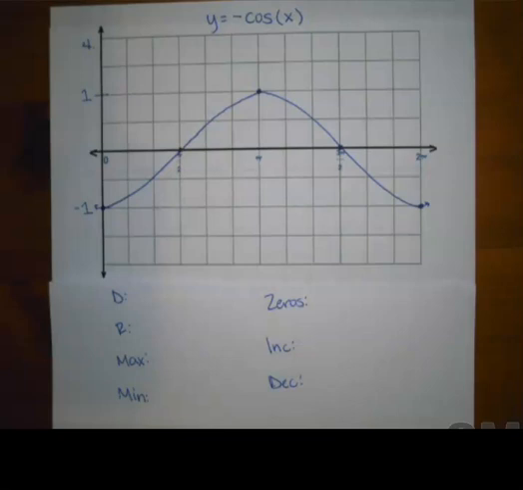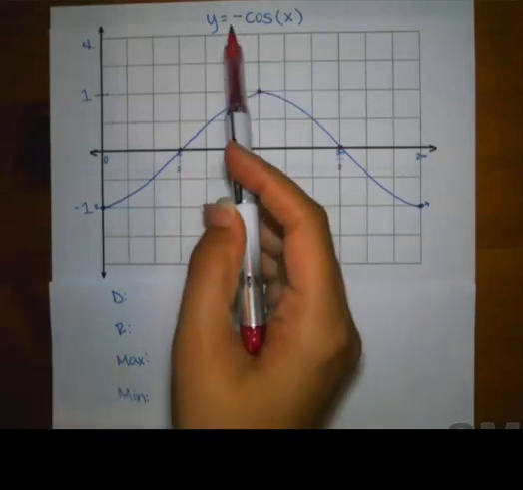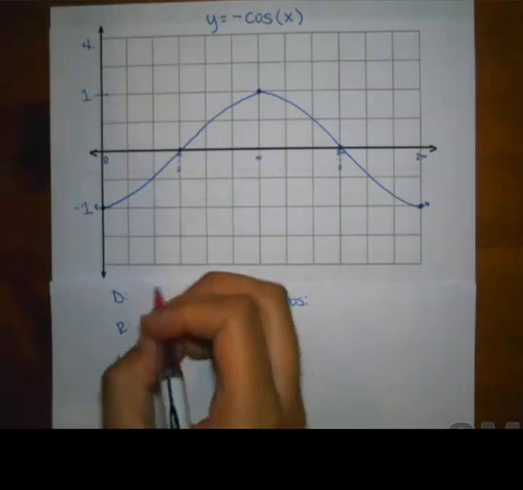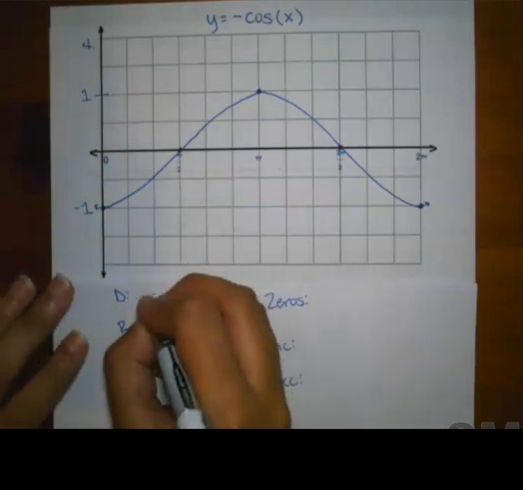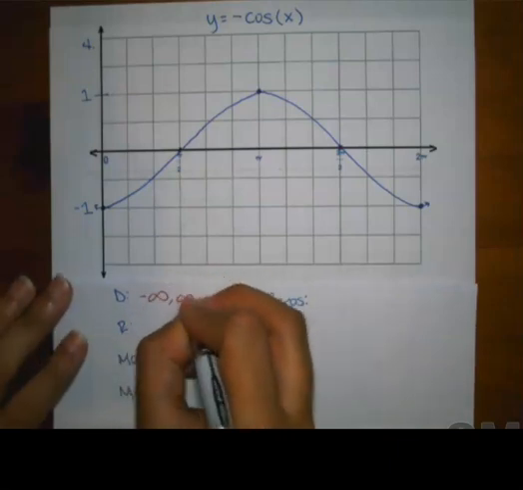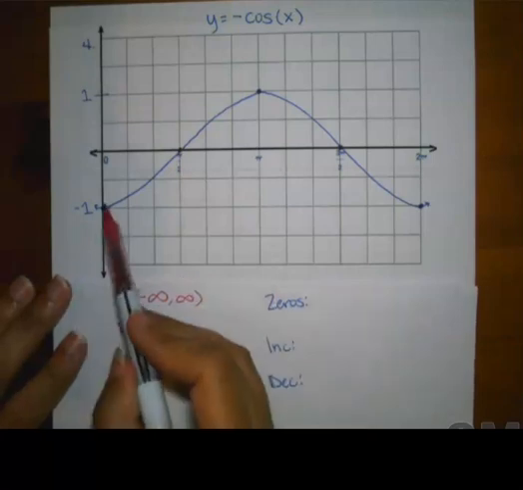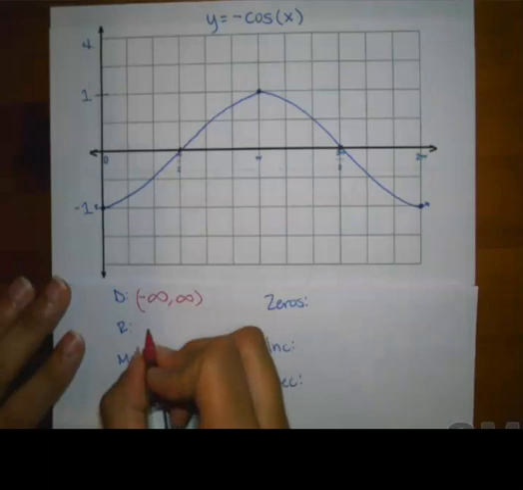Example 4 is y equals negative cosine of x. Our negative in the beginning means that our graph has been reflected over the x-axis. Our domain is still all real numbers, which could also be written as negative infinity to infinity. Our range goes from -1 to 1.